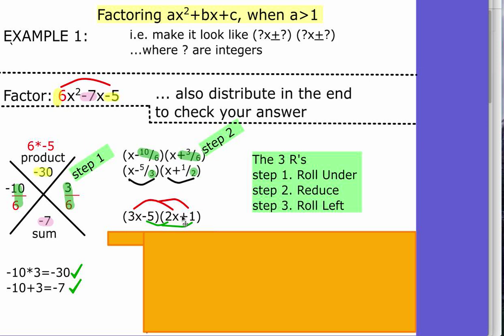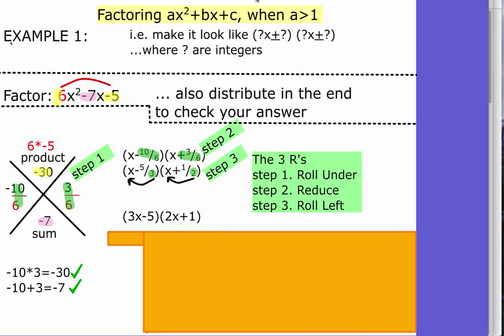Ignore these red arches and the green arches right now. I'm going to roll this 3 to the left, I'm going to roll this 2 to the left, and I'm going to get 3x minus 5. Let me actually delete these arches. And we're going to get 2x plus 1. Hopefully you understand how I got this from rolling left. And that's step 3.